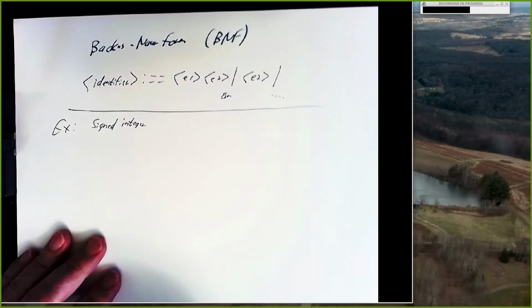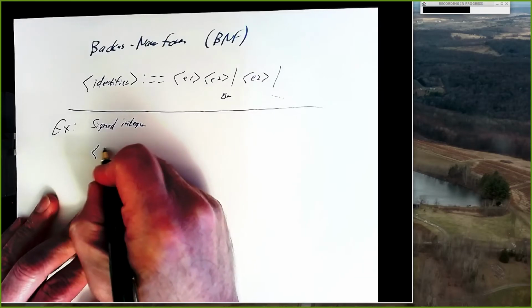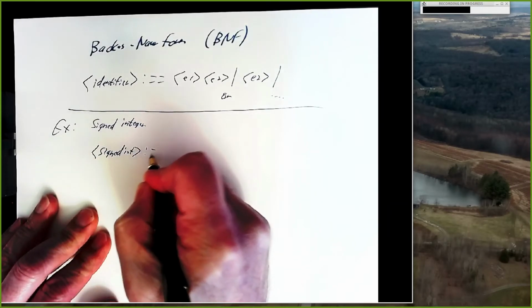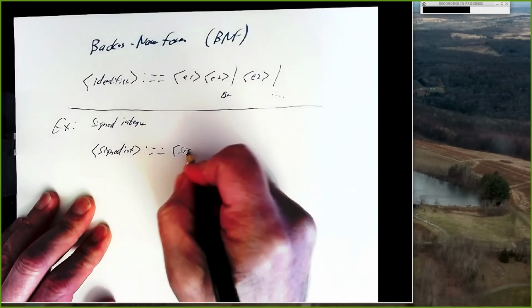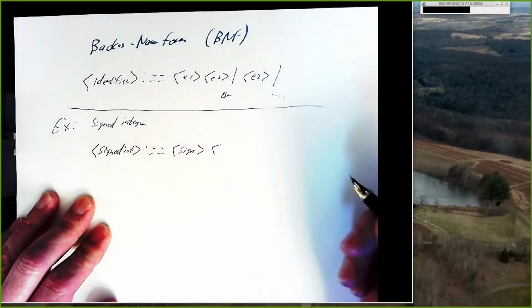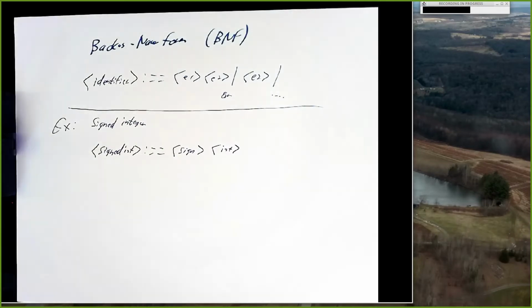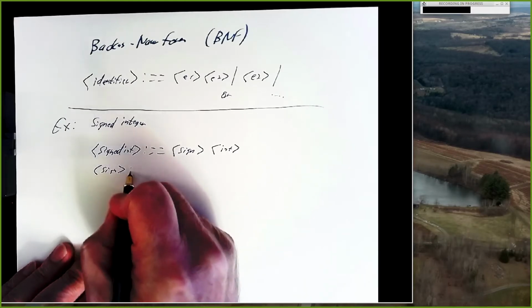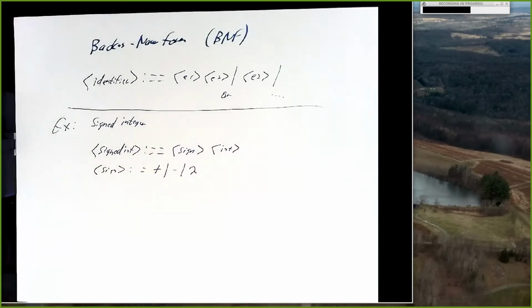And so here's a way we could describe this in BNF. So we could say, this identifier called a signed int is equal to a sign followed by an int. And a sign is equal to a plus or a minus or lambda, an empty string.